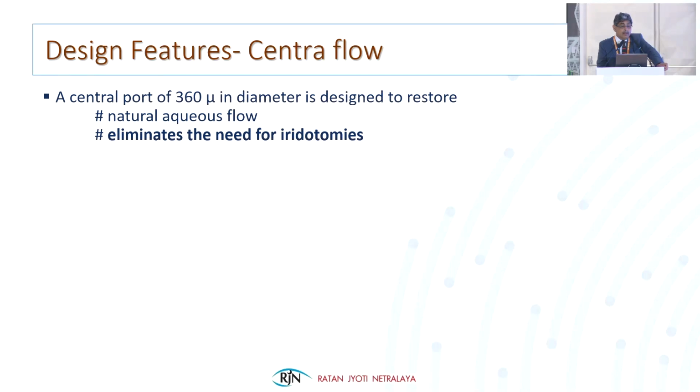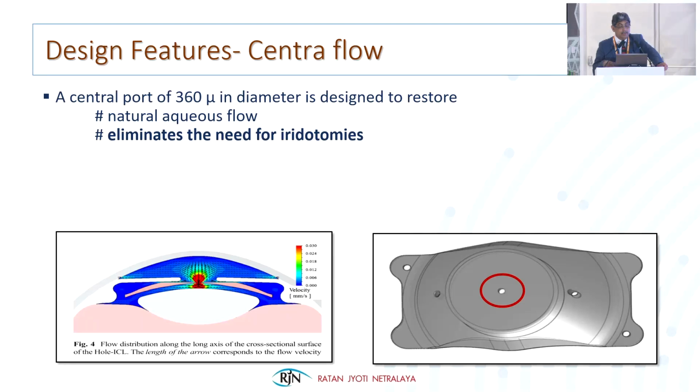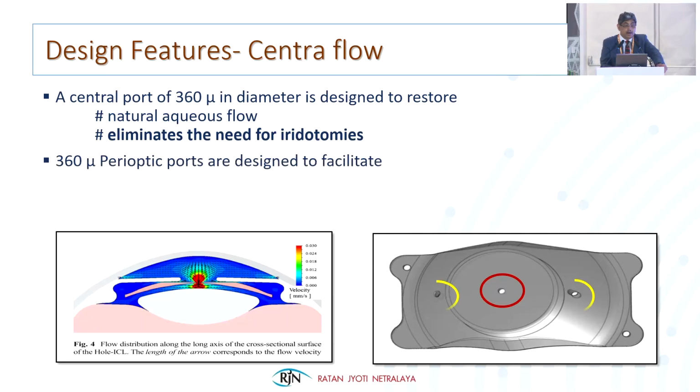Another good part is that these lenses now come with a central opening of 360 micron in diameter. In previous generation lenses, in hyperopic cases, we had to make a peripheral iridotomy. But with these newer generation lenses, we have a 360 micron central opening, which maintains the natural aqueous flow around the lens, around the crystalline lens, and therefore eliminates the need for iridotomies.